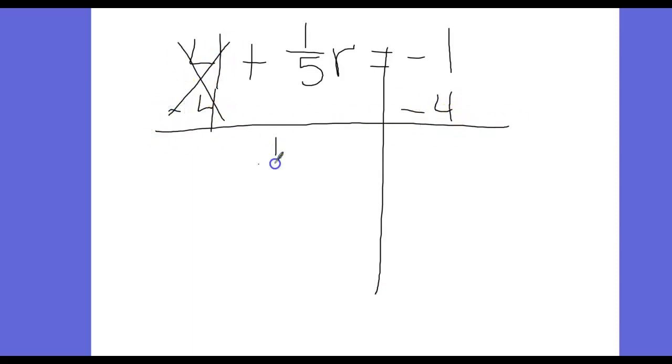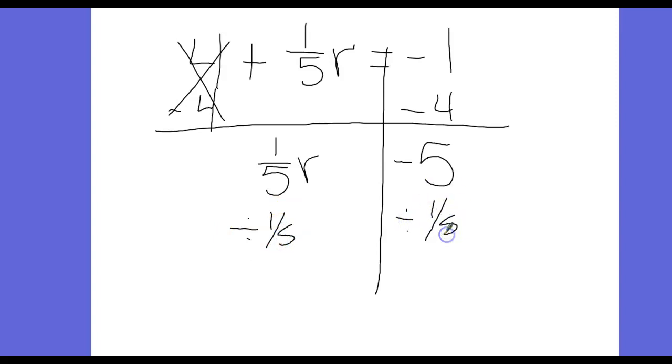So on this side, I'd have 1/5 r equals what, Carter? Negative 5. And what would I do for the last step, Jada? Divide. So if I divide by 1/5, how do you divide a fraction? Cheyenne?